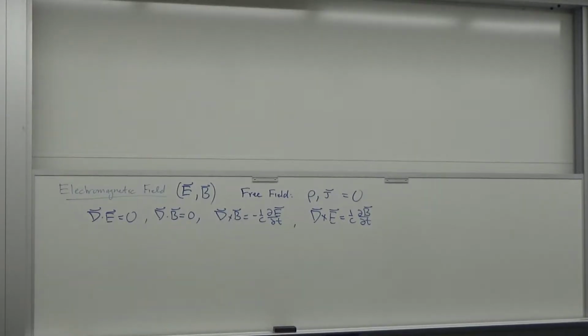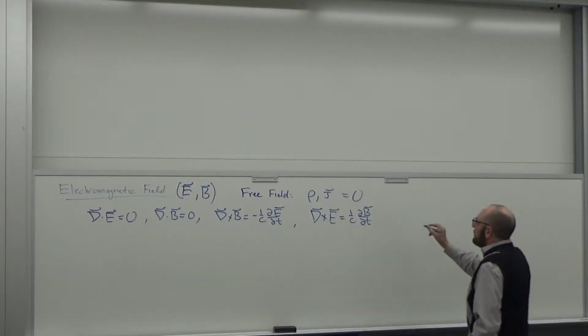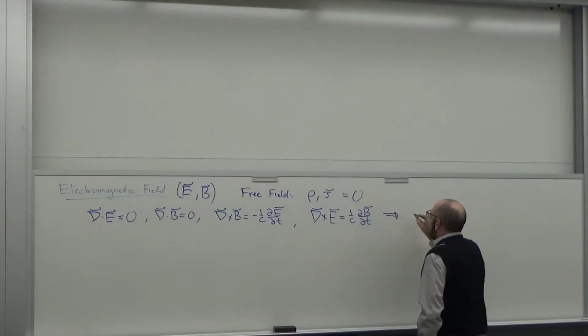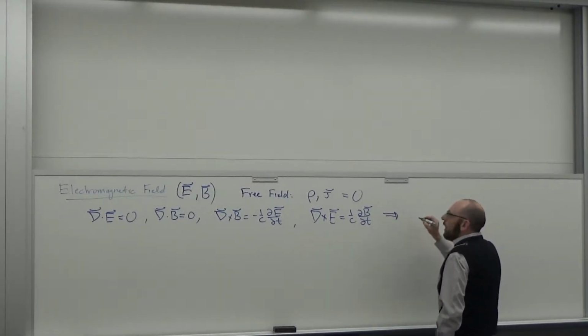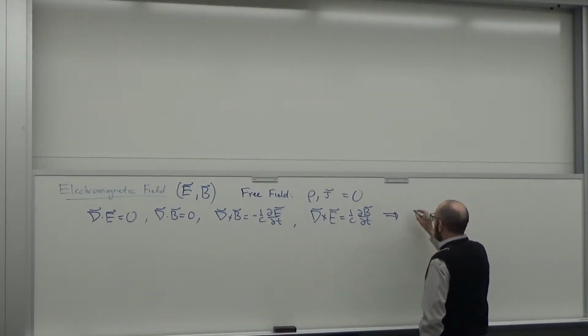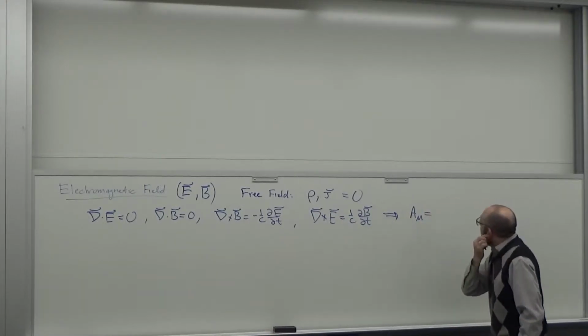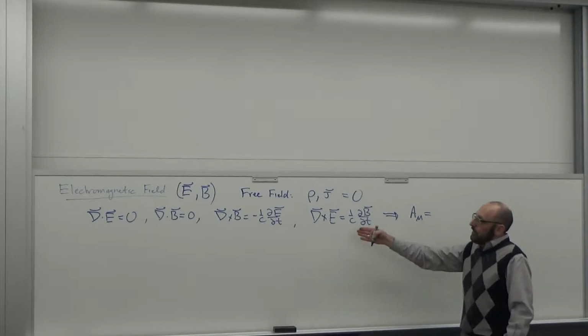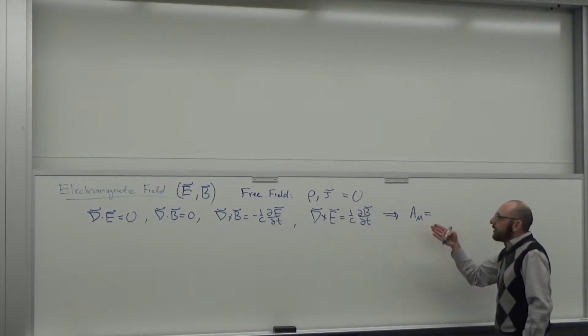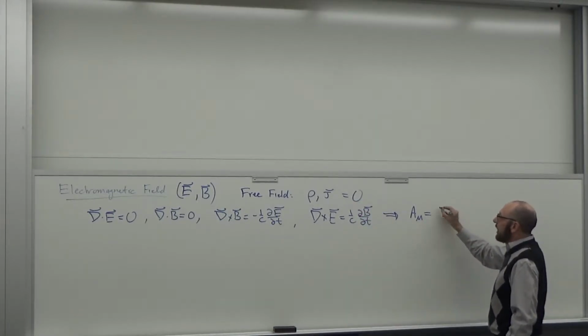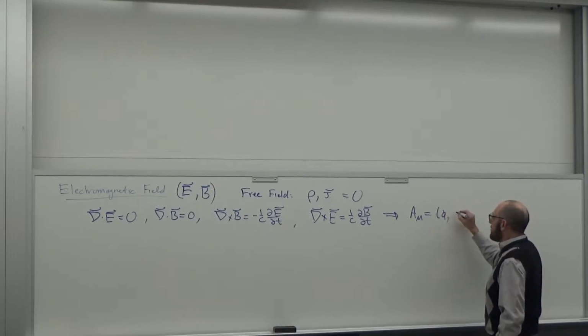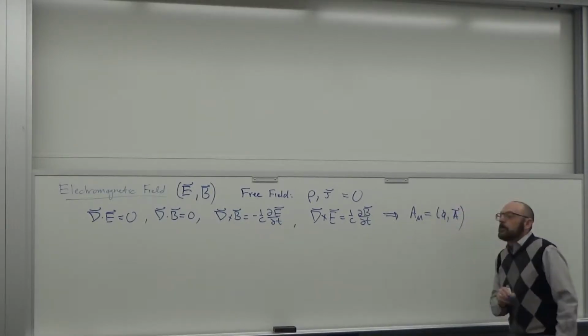And these constraints mean that, in fact, we can specify the field not by the electromagnetic fields but by the potential, the four-potential, which has a scalar potential and the vector potential, right?